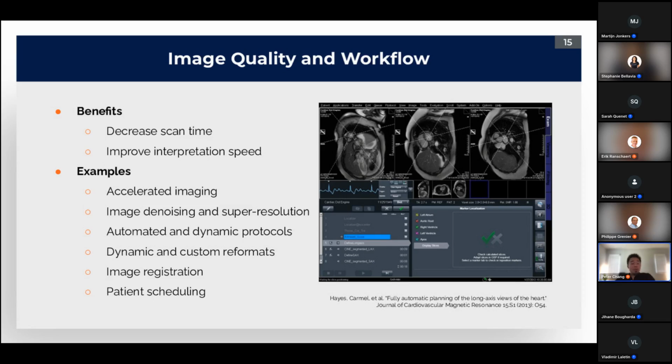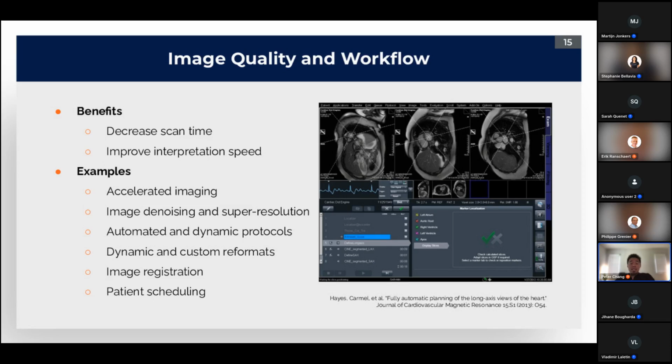The final category I'll point out is that of image quality and workflow. Here, the primary benefits now relate to the ability to acquire your data faster, to decrease the scan time through accelerated imaging, or perhaps taking data that you already have and making it less noisy or improved in resolution.